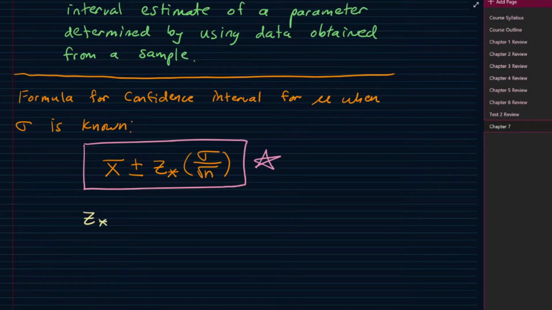So z star is 1.65 for a 90% confidence interval. It's equal to 1.96 for a 95% confidence interval.